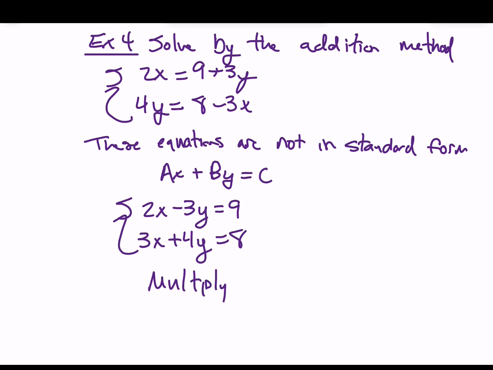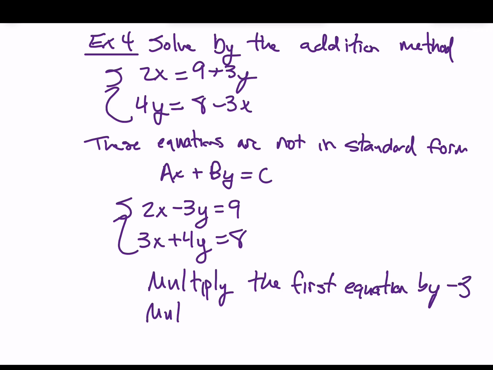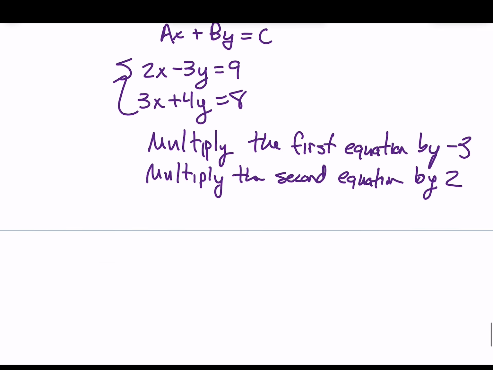So let's write that out. We want to multiply the first equation by negative 3, and multiply the second equation by 2.